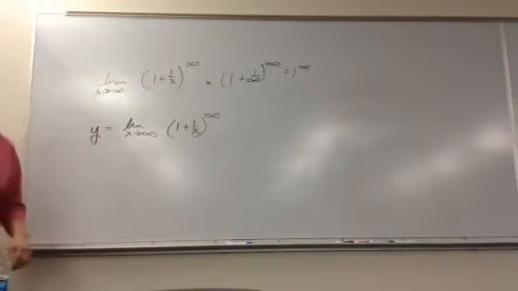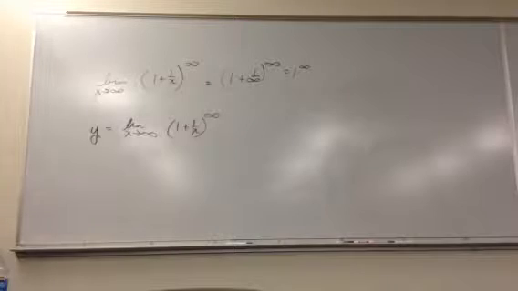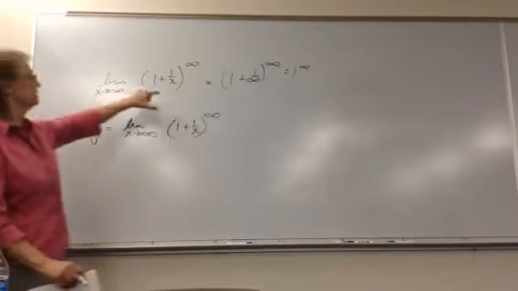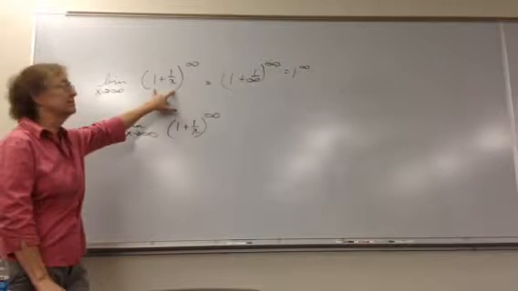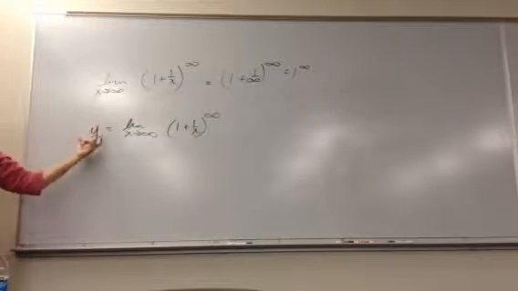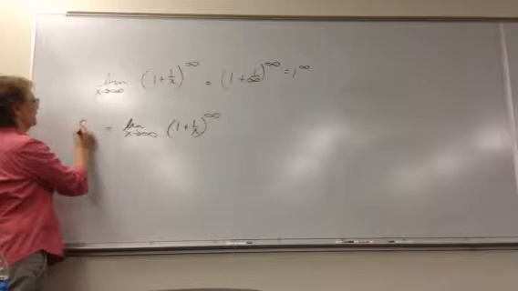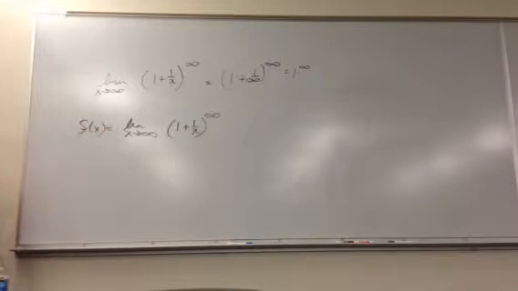So why did I do that? Well, because now I need an equation before I can do something to both sides. So I had to say, well, this is a function. I'm just saying, let's say it's a function by saying y equals this. I could just as easily have said f of x equals that, but then I'm dealing with f of x, and I don't like dealing with f of x.